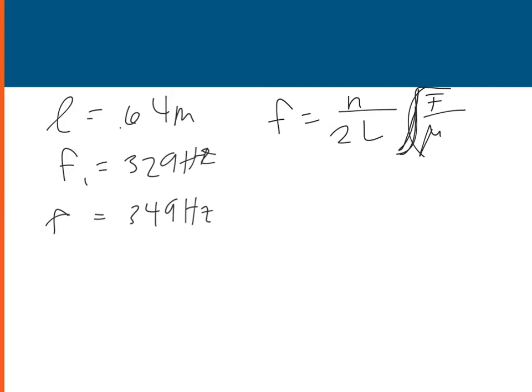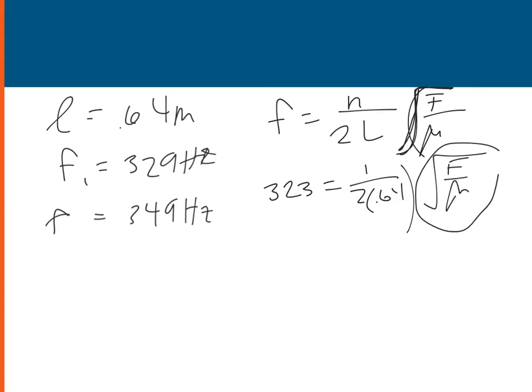So this should be a square root. And so for f1, I know that the frequency is 329 equals 1 over 2 times 0.64 times the square root of F over mu. And this is going to stay the same since it's the same string. That's going to stay the same for both problems. So I'm going to solve for that using these numbers and then plug it into the next equation.